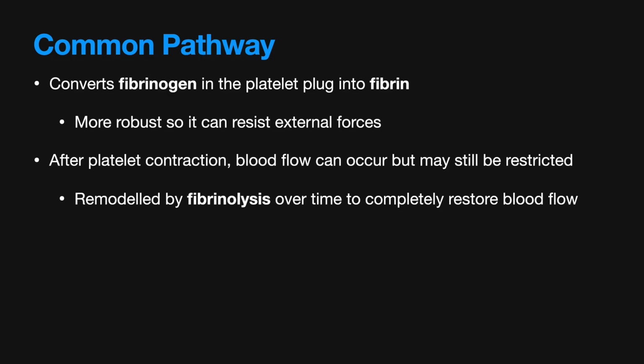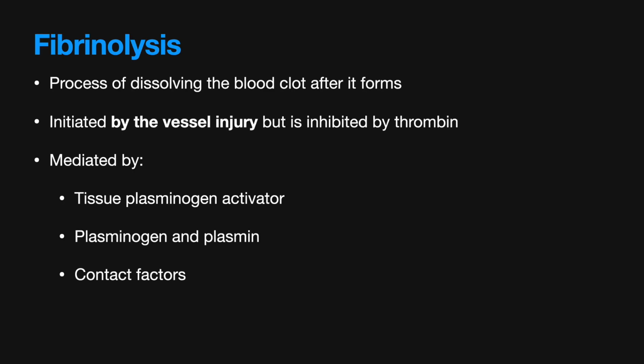After the platelets contract, blood flow can occur, but it still may be restricted or turbulent. Therefore, the body begins fibrinolysis in order to restore blood flow completely. Fibrinolysis is the process of dissolving a blood clot after it forms. It is actually initiated at the time of vessel injury, but it is inhibited by thrombin until the blood clot has formed. Fibrinolysis is mediated by tissue plasminogen activator, plasminogen and plasmin, and contact factors.